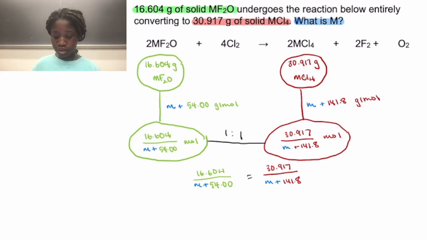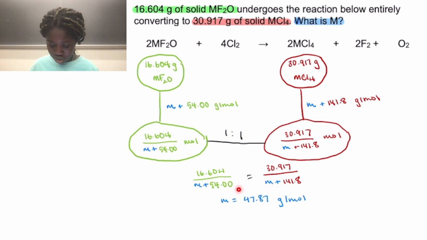We would be doing some cross multiplication, some distributing and combining like terms, and when you do all that, you will find that little m is equal to 47.87 grams per mole.